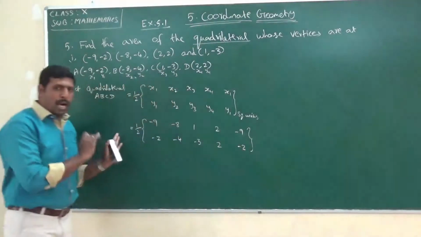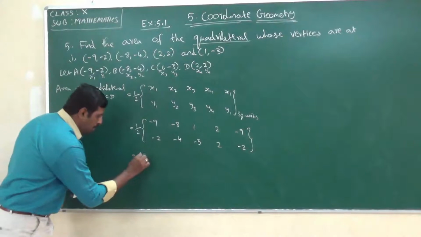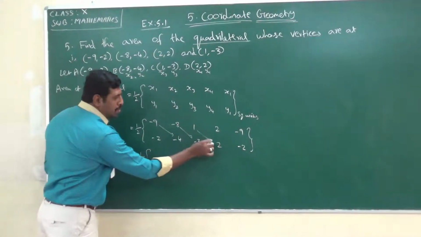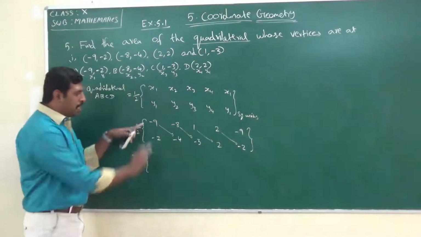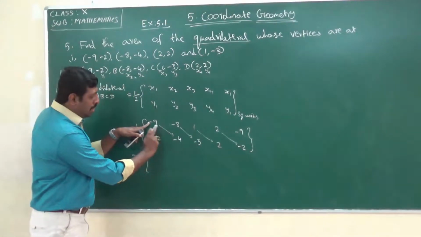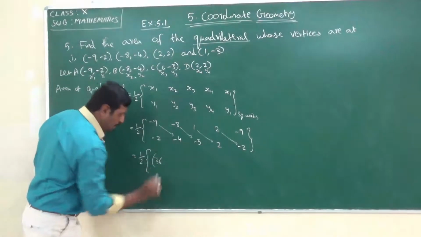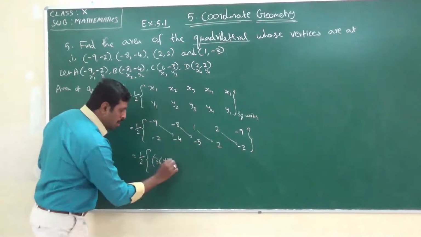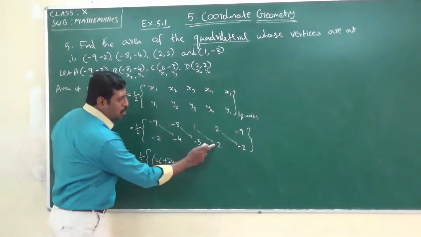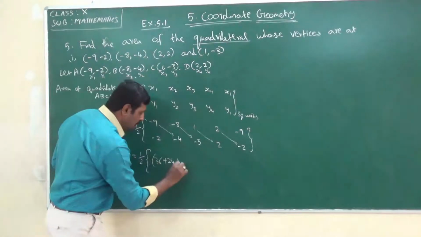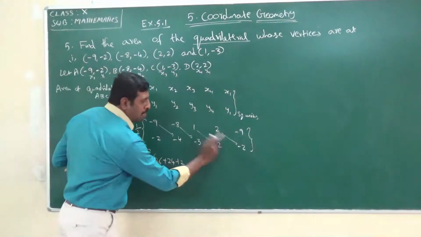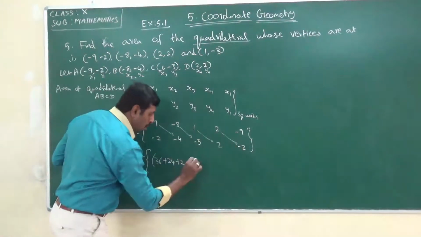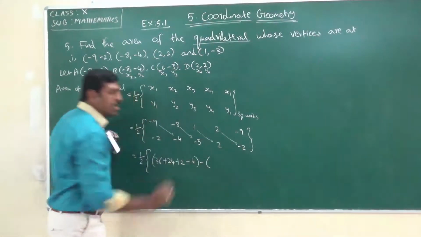Now we have to multiply the terms. First multiply this term. Minus into minus plus, 9 fours are 36. Minus into minus plus, 8 threes are 24. Both have positive values. 1 into 2 is 2. Here we have plus and minus, so put minus. Plus into minus is minus, 2 twos are 4. Then minus of the second term.